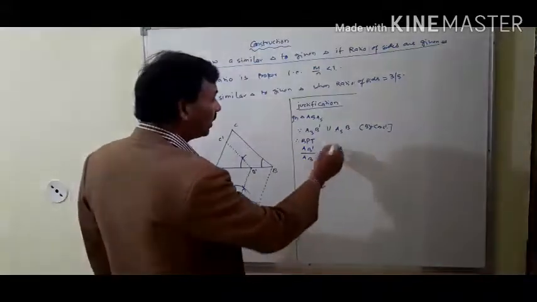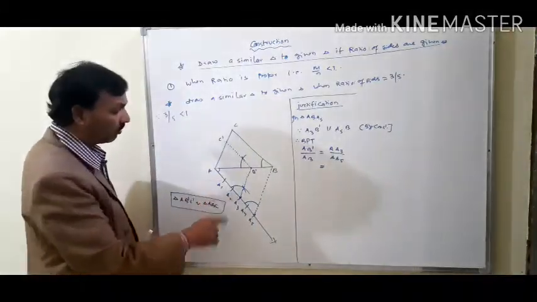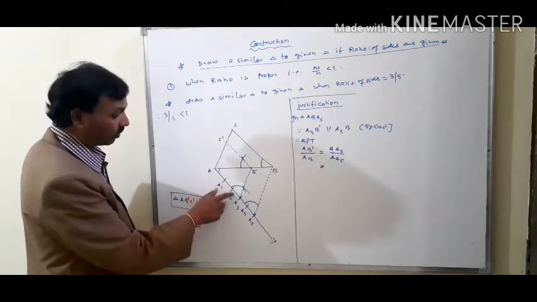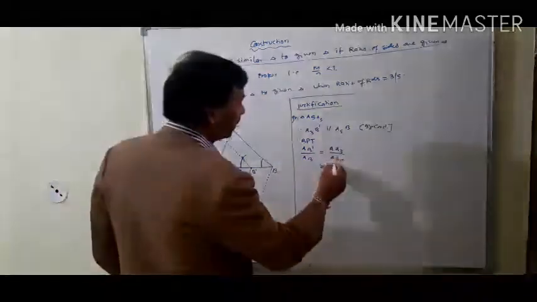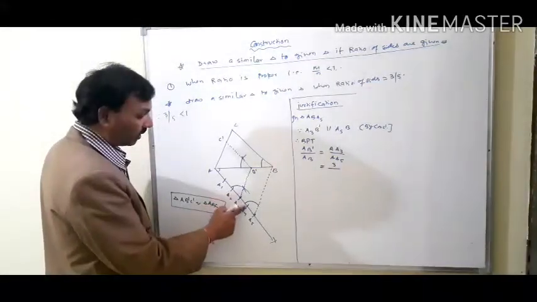Now putting the value of AA3, between A and A3 there are how many parts? 1, 2, 3. That means this will be 3 upon AA5, which is 1, 2, 3, 4, 5.